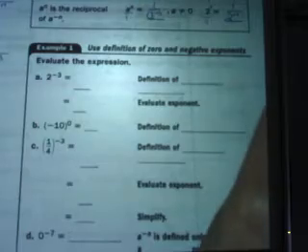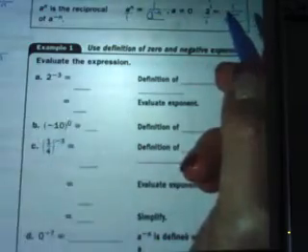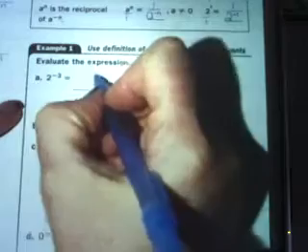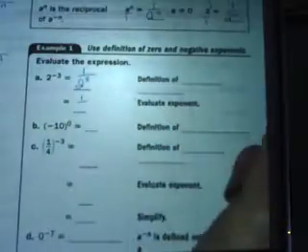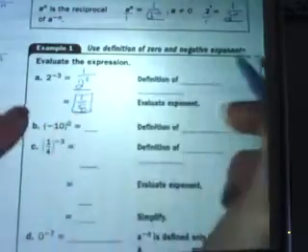We want to get rid of those. So to get rid of a negative exponent, you have to take the reciprocal. So this is going to become 1 over 2 to the third power, and you want to evaluate from there. So we're going to have 1 over, what is 2 cubed? 2 times 2 times 2 is 8. So it is now simplified.